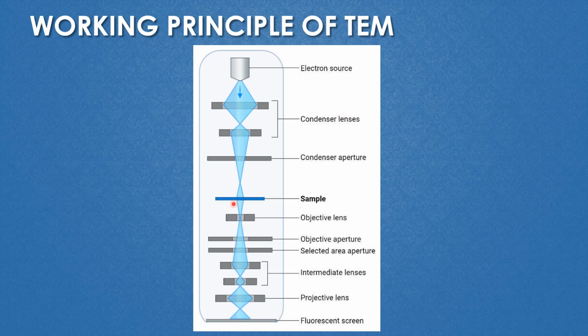The main difference is that in the SEM the sample is present at the end, but in the TEM the sample is present in the middle, and below the sample are the objective lens, objective aperture, selected area aperture, intermediate lens and projective lens. That's all about the working principle of the transmission electron microscope.